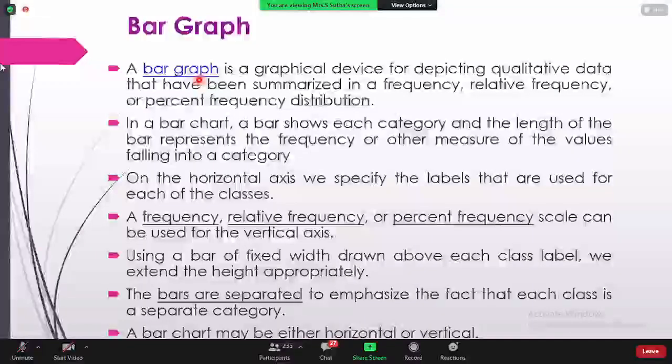And on the vertical axis, we use the frequencies, relative frequencies, or percent frequencies.